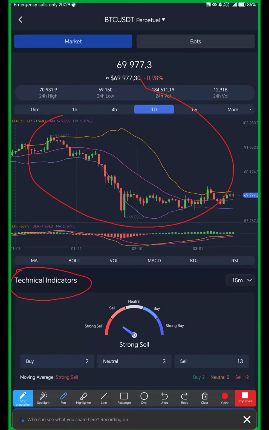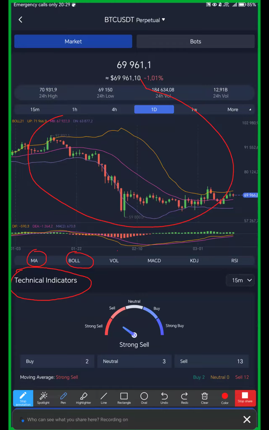Under technical indicators, we do have what we call moving average. It is an indicator. We do have what we call Bollinger Bands. It is also an indicator.